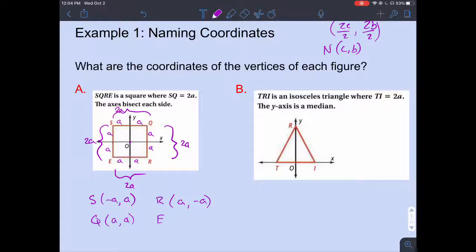We're going to start at the origin, go left A units, and then go down A units, which puts us at negative A, negative A. So the coordinates for the vertices here for S, Q, R, E are going to be negative A, A; A, A; A, negative A; and negative A, negative A.